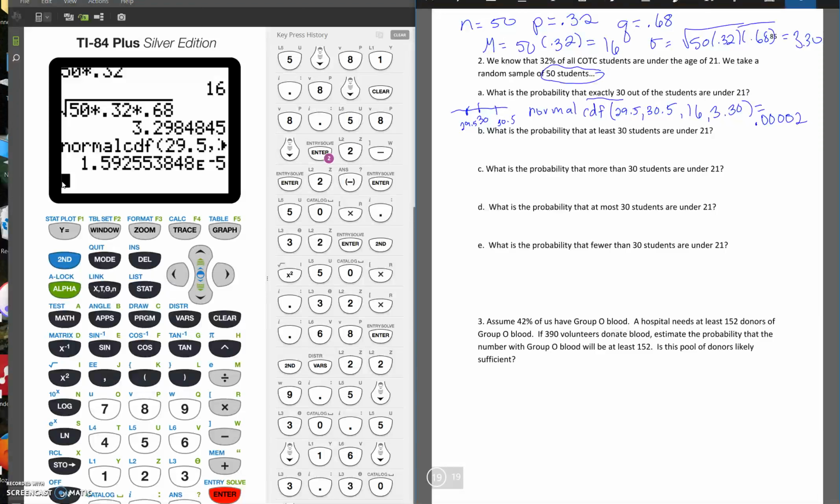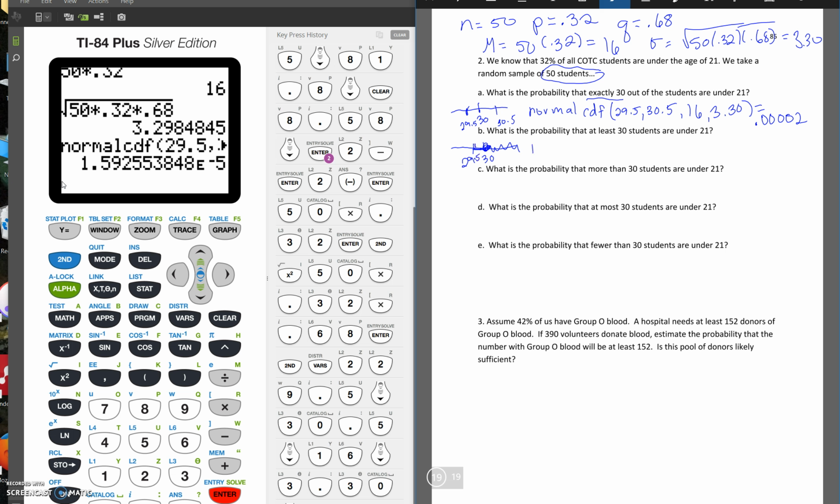So part B says, what's the probability that at least 30 students? So there we would mean 30 or more. Now we do want to include 30 here, so we're actually going to go 0.5 in the opposite direction. We're going to go down to 29.5 to include 30.